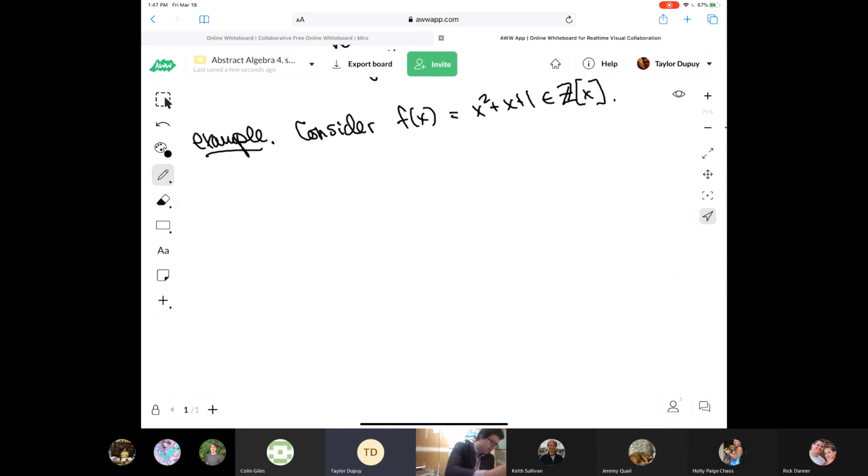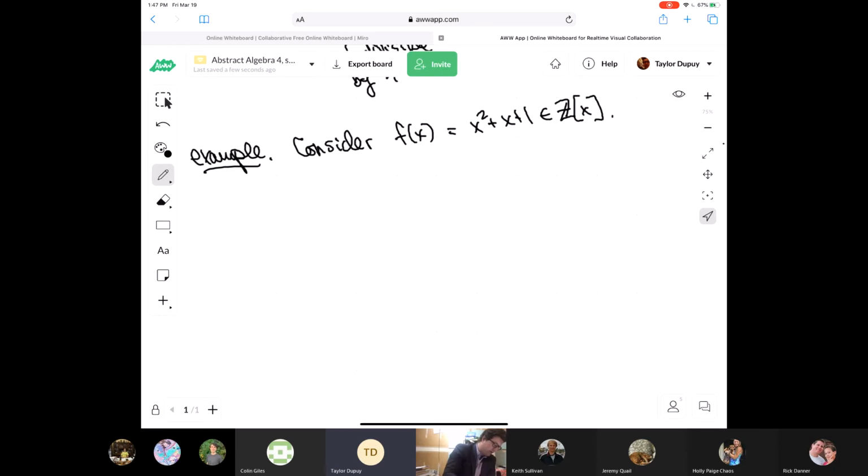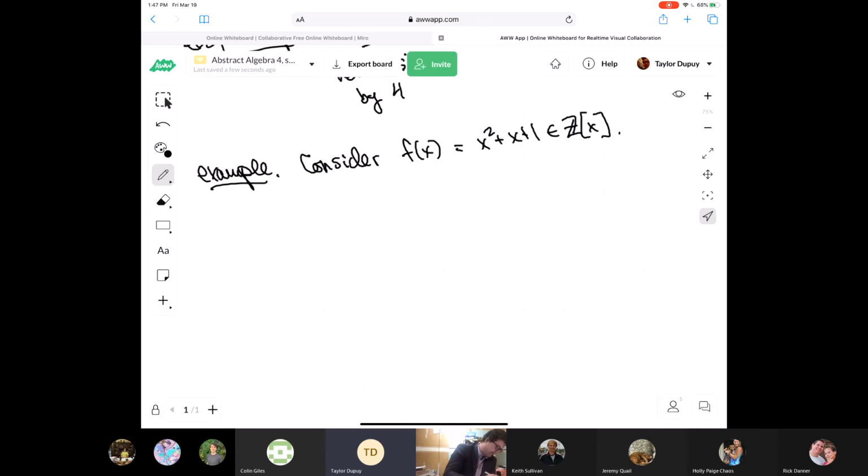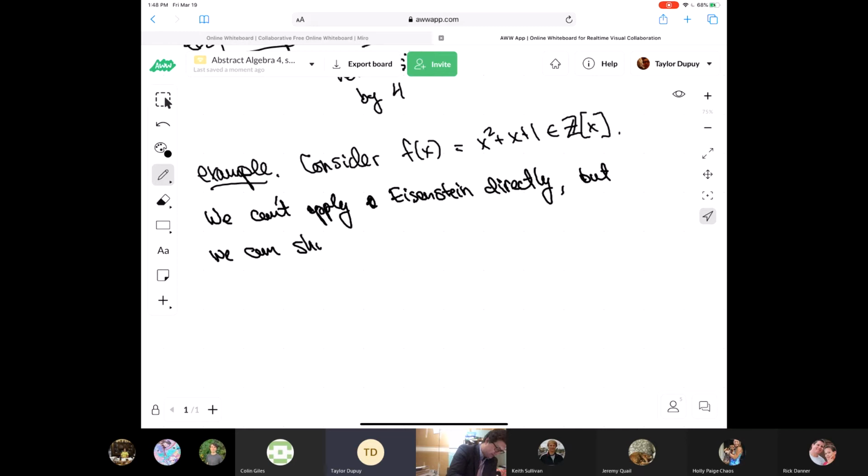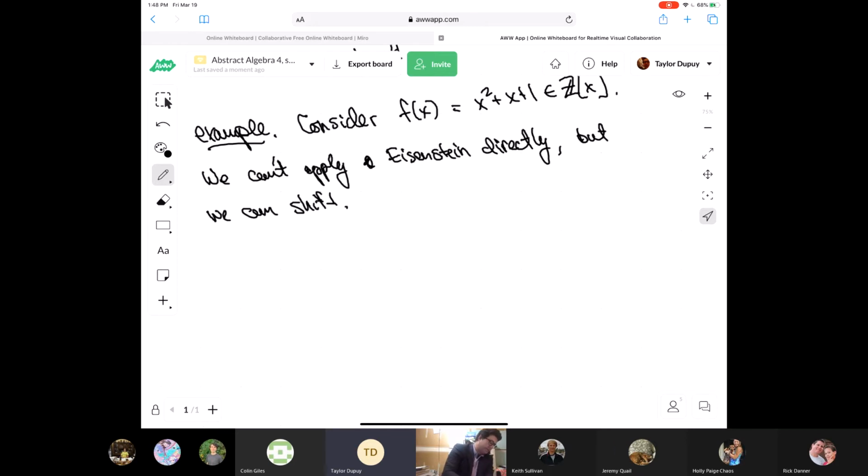Yes, right? There's a trick. We can't apply Eisenstein directly, but we can shift it. And this is a really common trick.